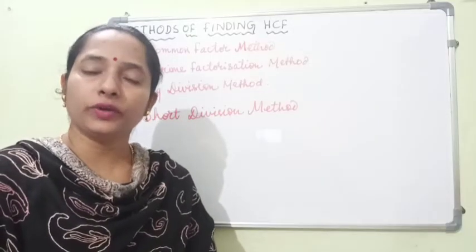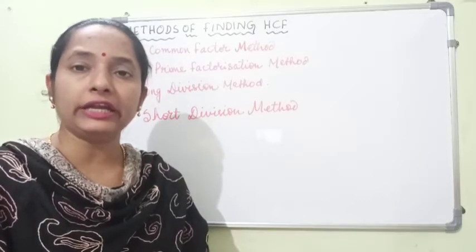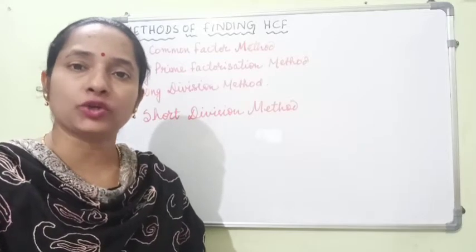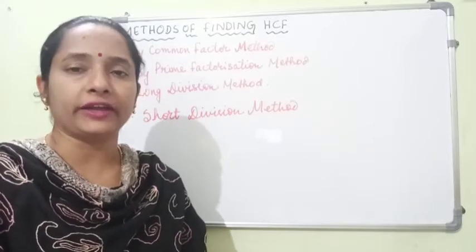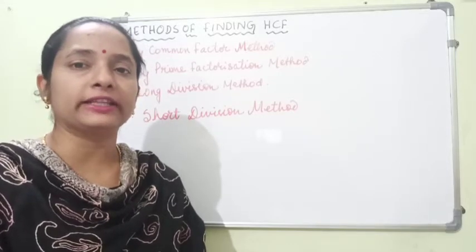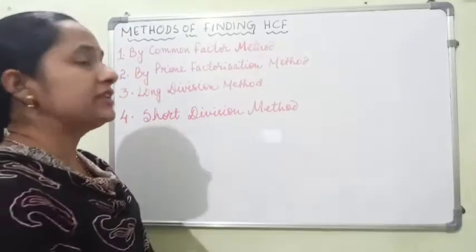Children, till now we understood how to find the common factors of any given number, and how the concept of highest common factor is correlated with the concept of common factors. Now, I discussed with you that there are different methods of finding HCF, which I have listed here.